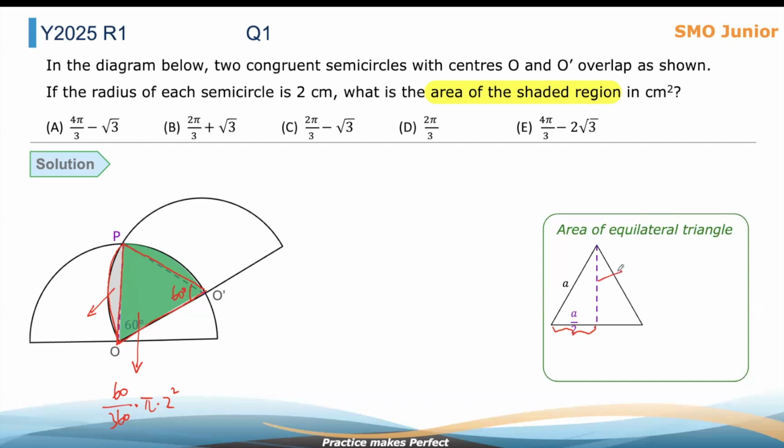By Pythagoras theorem, the height equals square root of A squared minus (A over 2) squared. This equals square root of 3A squared over 4, which is square root 3 A over 2. So the area of this triangle equals half times base times height, which is square root 3 A squared over 4.